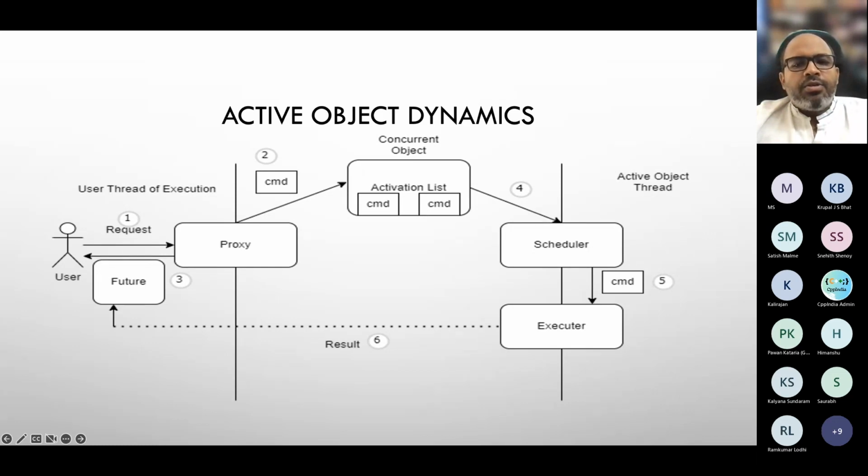But this future will then hold the result of the command which is executed. Now the proxy is running in a different thread from the executor. So there are a minimum of two different threads of execution here, and the only thing which is shared between these two threads is this activation list.